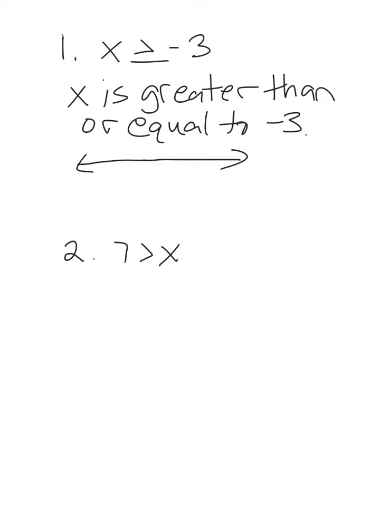So on our number line, we just put 0, -3, and +3. Over -3, because it is greater than or equal to, we put a circle and we shade it in. Since it's equal to, that means -3 is part of the solution. Greater than, remember, numbers greater than -3 are to the right. We shade to the right.